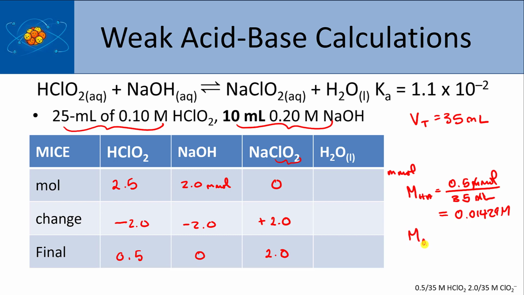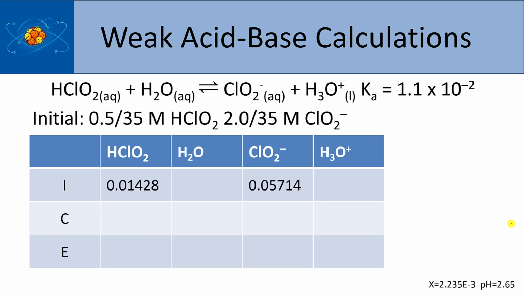And I'll do the same thing for the A minus, and that's going to be 2.0 millimoles divided by 35. And that leaves me with 0.05714. Okay, so those are your molarities of your acid and your base. And these are important values because when you're going to calculate the pH, you need to know the acid and conjugate base concentrations. So I just kind of filled those in already. This is the equilibrium calculation. We'll have to use the Ka value.